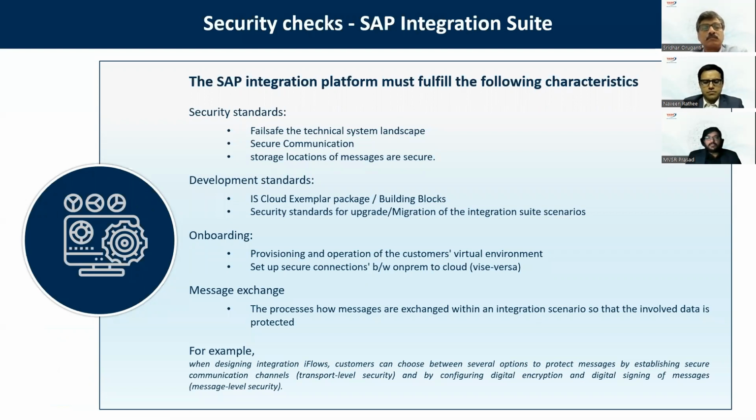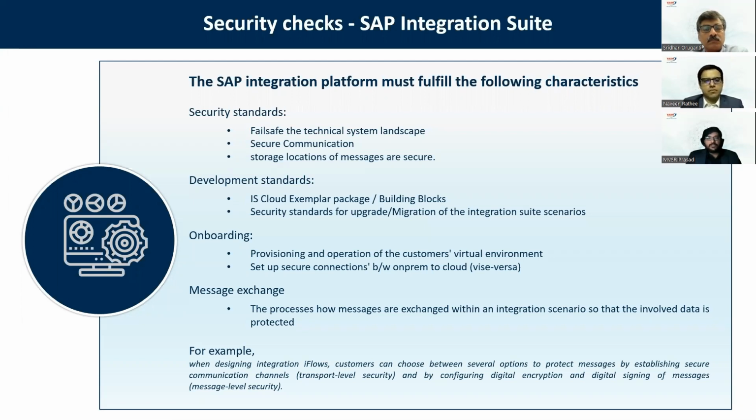SAP always provides standard security standards in terms of managing the technical system landscape, fail-safe technical system landscape, and secure communication when talking to on-premise or SaaS solutions, and also storage locations of the messages, which need to be secured. SAP follows these kinds of security standards compared to other SaaS middleware or iPaaS solutions.